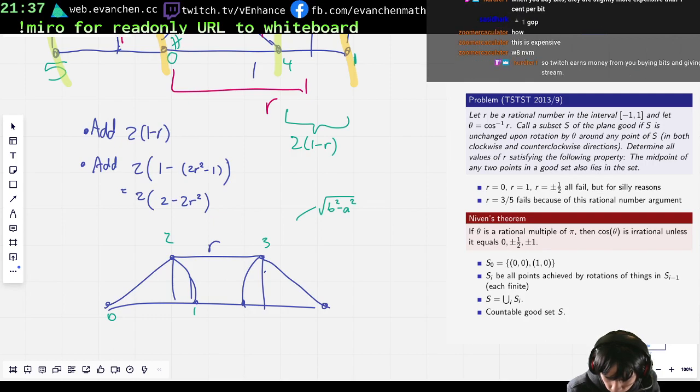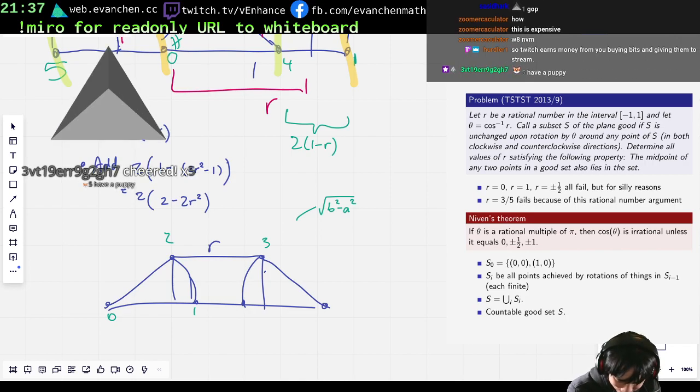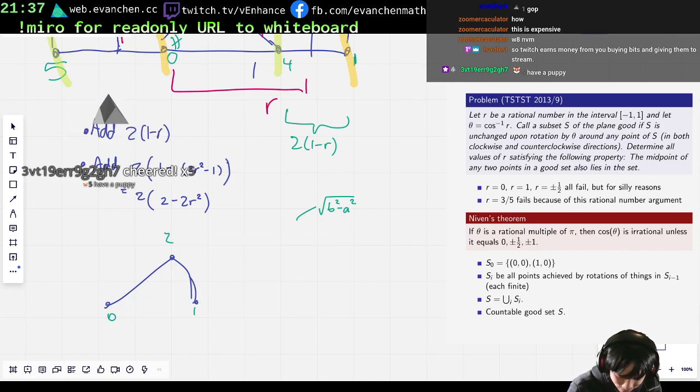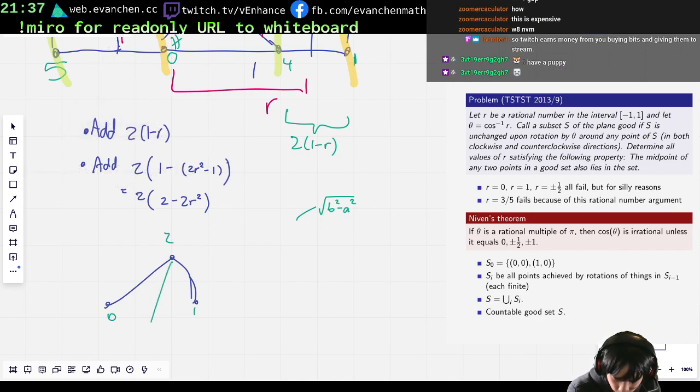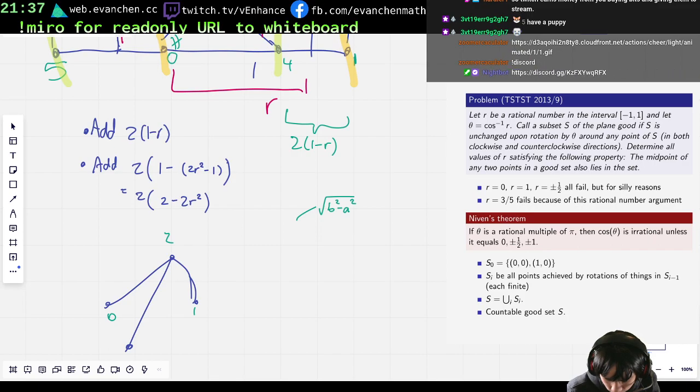Hang on. No, that's not how it works. That's not how it works. Try again. What happens if I rotate the other way? Is what I'm trying to do. I don't think this works.